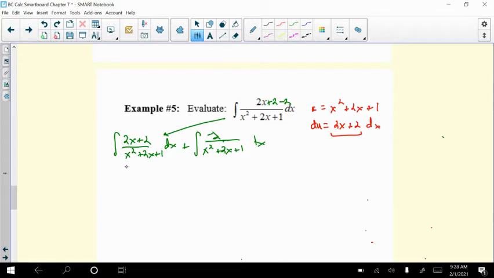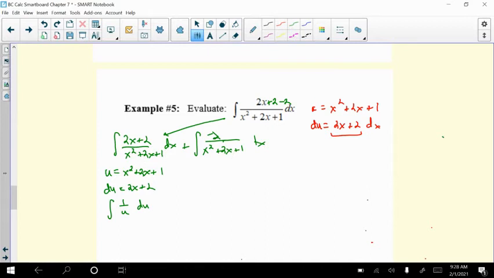Well, this first integral is that exact u substitution. If u is x squared plus 2x plus 1, its derivative is 2x plus 2. So that's a perfect u substitution. This would just be 1 over u du. Here, again, it's close to arctan, and if you want to think about it as arctan, you would get a u over a.